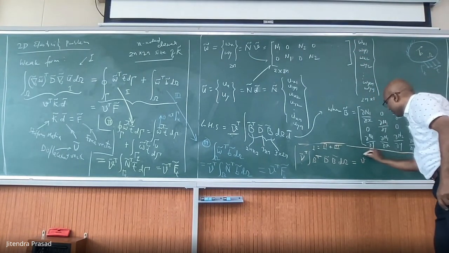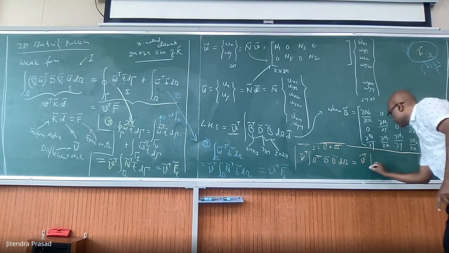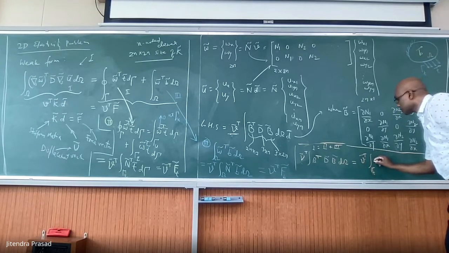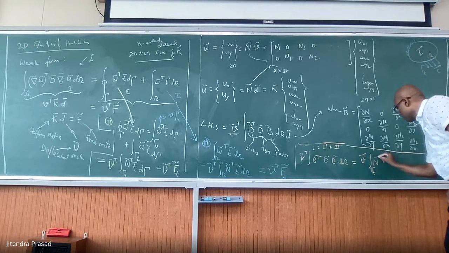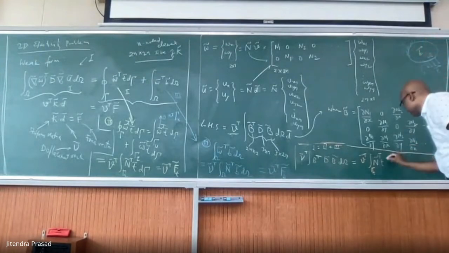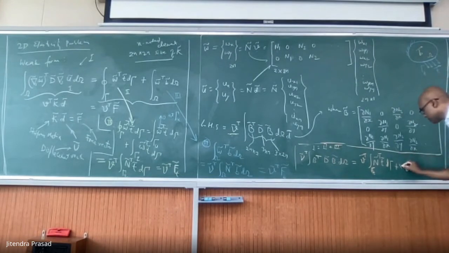So you have V transpose and gamma T, N transpose T d gamma, plus V transpose N transpose, not gamma, it will be omega, then B. Yeah?